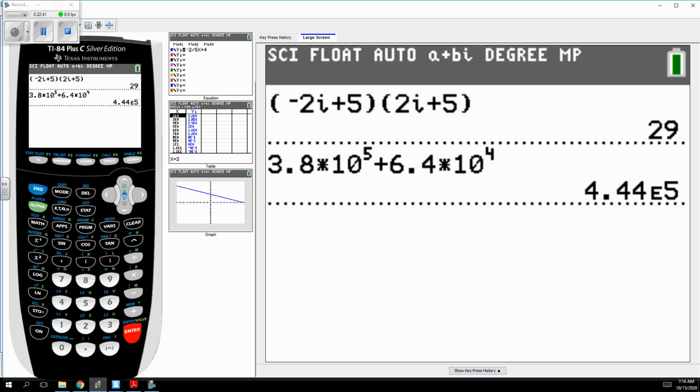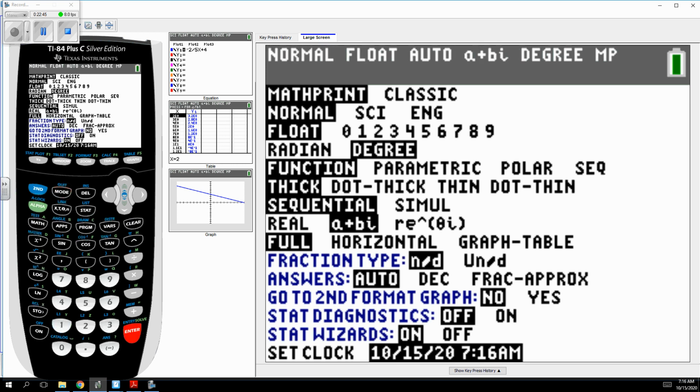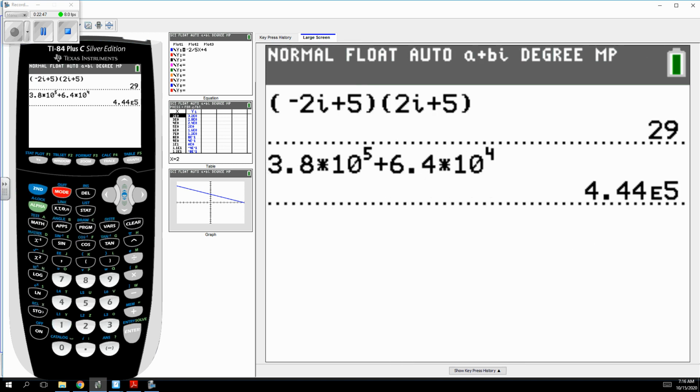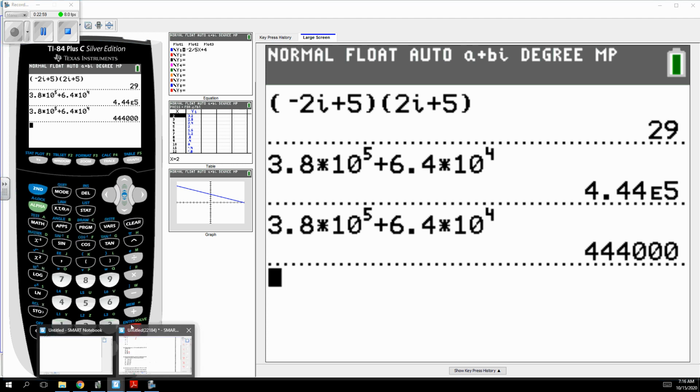If you had been off of that, which I would immediately do if I ever used it, it would have given you this, and then you would have to guesstimate the decimal and count 5 places. So either way, it's not too hard.